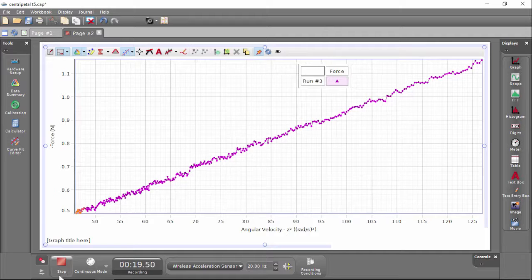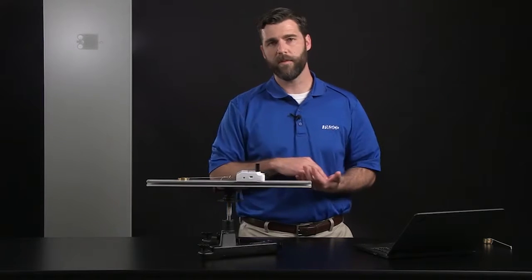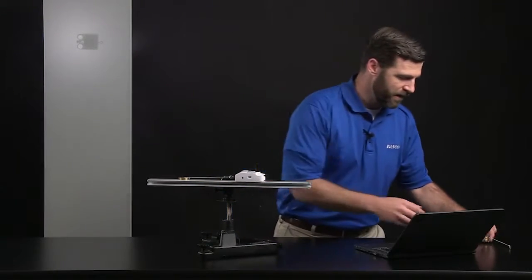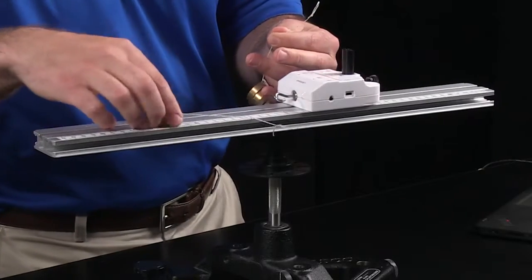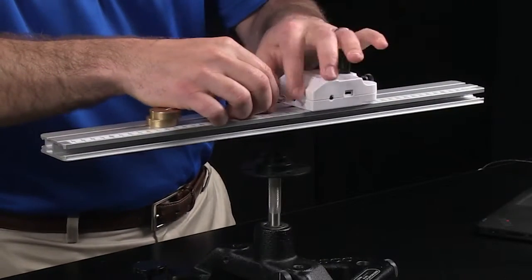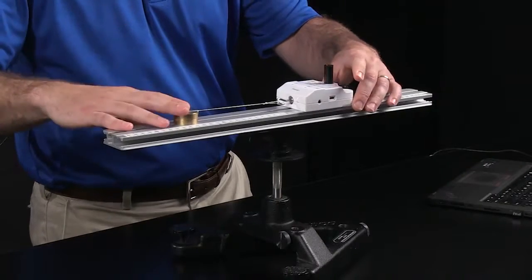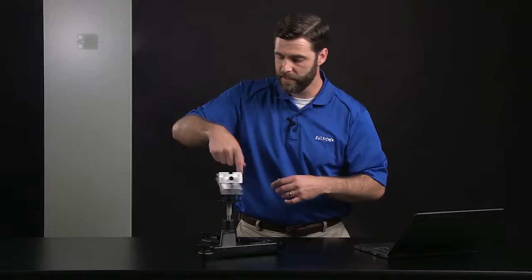And we see here that the data is relatively linear, right? So now, what do we think the effect is going to be if we double the mass attached to the end of the force sensor here? And to test that, I've got another set of masses here, twice as much, attached to a string that has equal length, meaning we're going to keep the radius, or the distance between the mass and the axis of rotation, constant, because we're testing this variable and not any of the other variables. I'm going to go ahead and spin the stage.